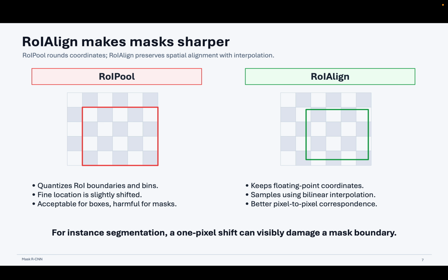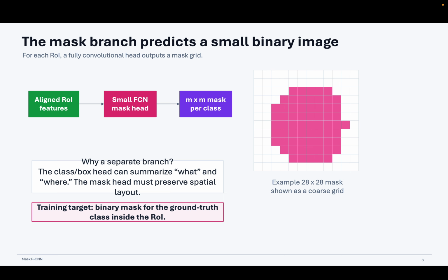The mask branch is a fully convolutional network applied to each aligned RoI feature map. Its output is a small spatial grid, such as 28 by 28, that represents the object mask inside the region.